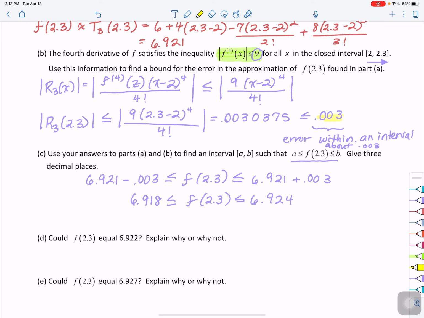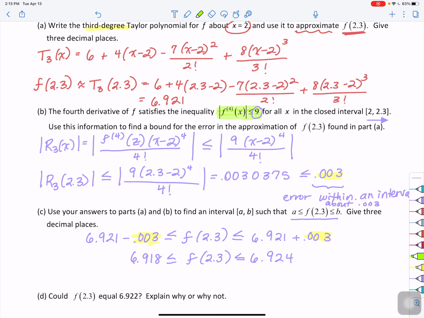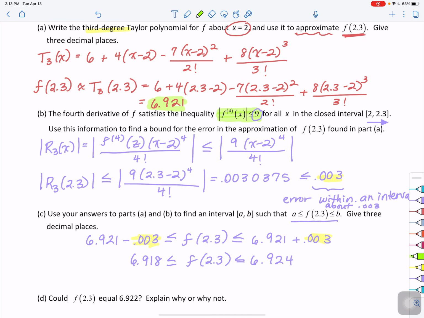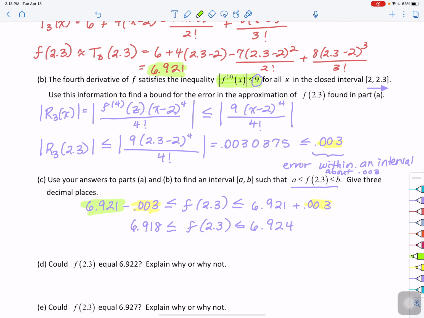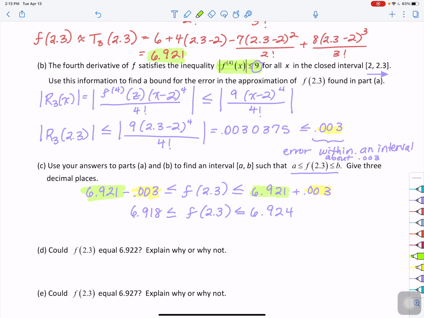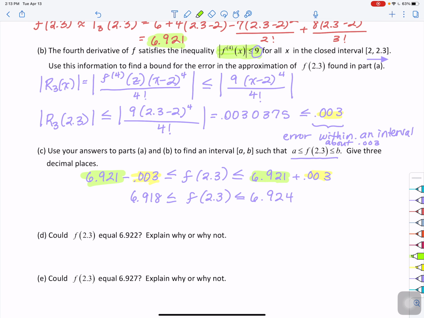So these are the values, and our approximation is here. Okay? So now we know that our error is within 0.003 of actual. Okay, that's what that means.